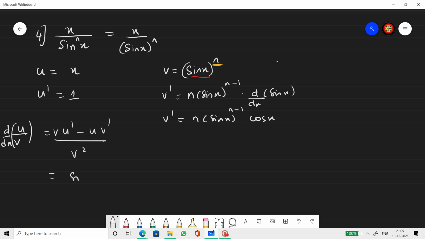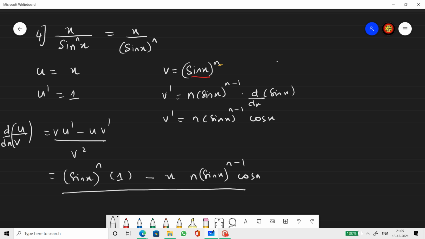Therefore, it is sine x to the power of n into 1 minus x into n sine x to the power of n minus 1 into cos x, divided by sine x to the power of n the whole square, which is sin x to the power of 2n.